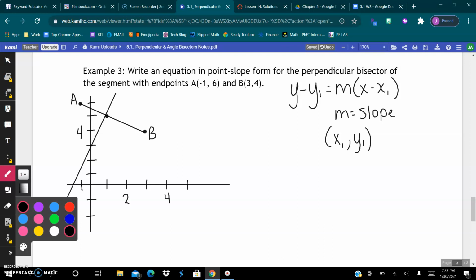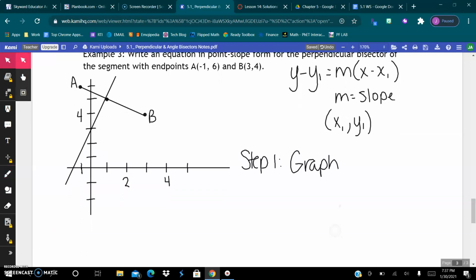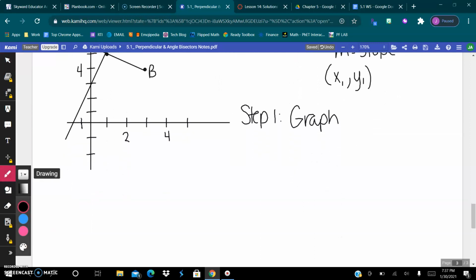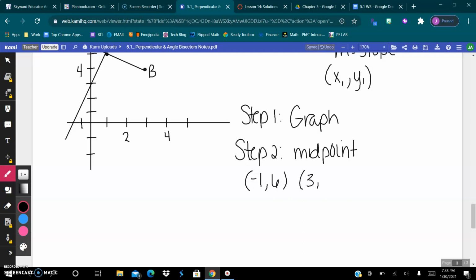So step number 1 is to graph. I have already done that for us here. Graph your points and then find the midpoint would be step 2. So our ordered pairs were (-1, 6) and (3, 4).